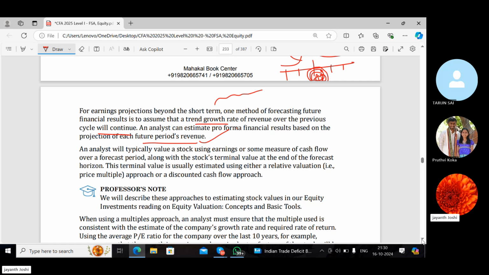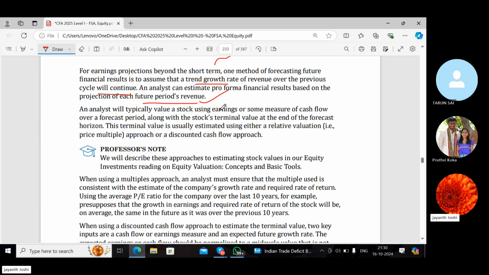Analysts will typically value a stock using earnings or some measure of cash flow over a forecast period. If they want to value a company's stock, they can use earnings as a metric or cash flow as a metric, along with the stock's terminal value.